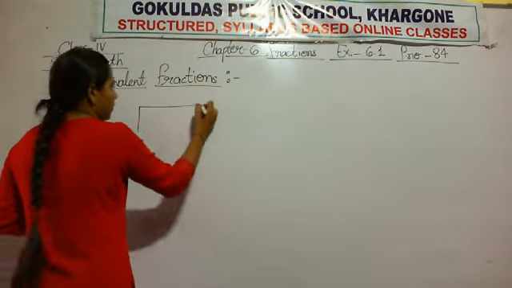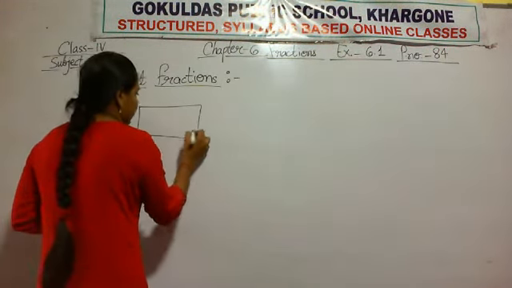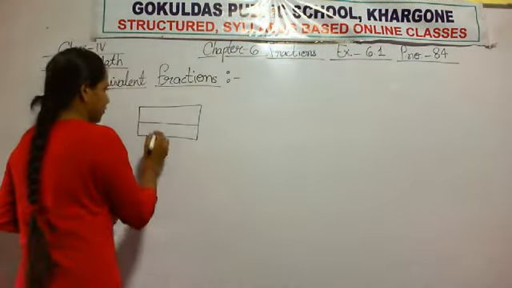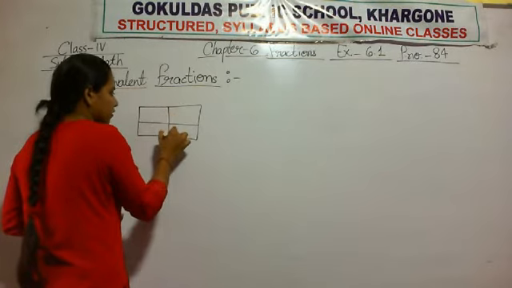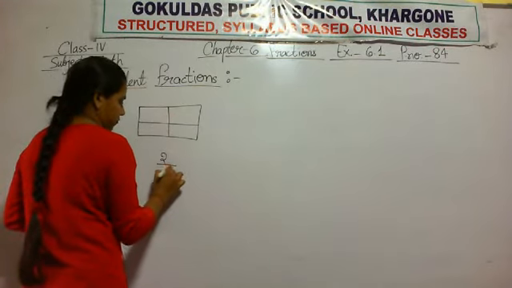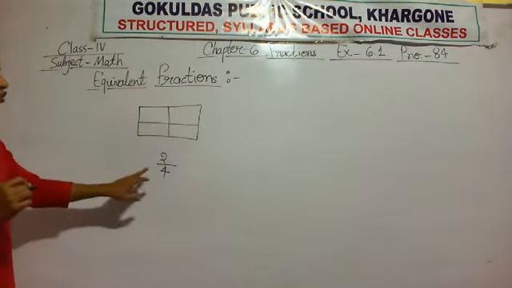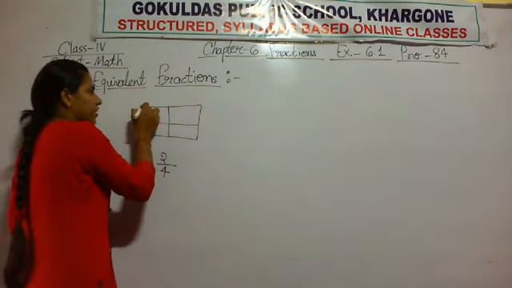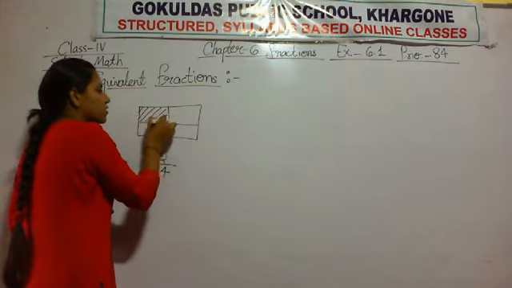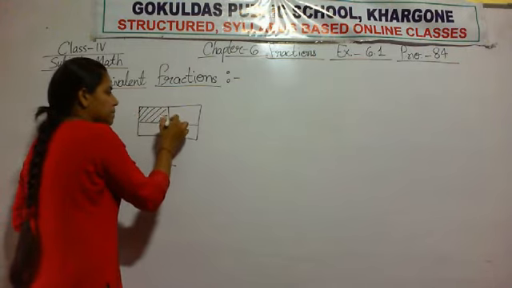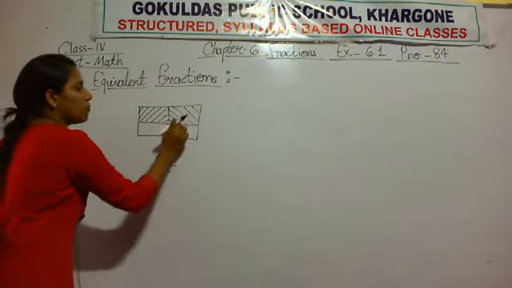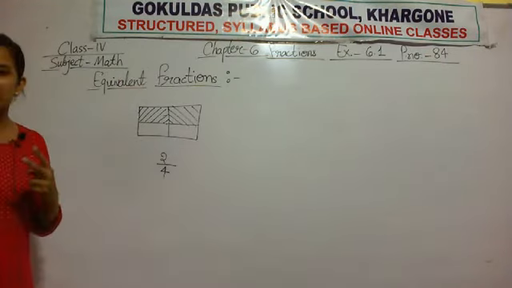If I draw a rectangle here, this fraction shows that out of 4 parts, 2 blocks are shaded.